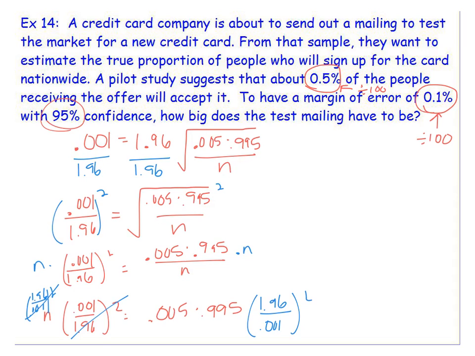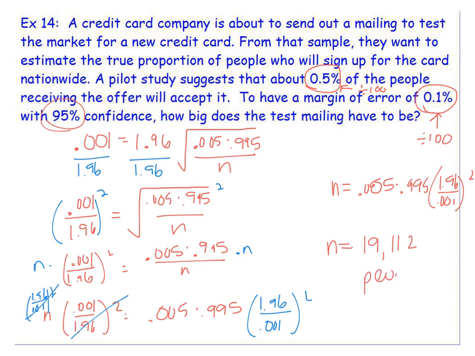And so when you type in the calculator, you're going to type in 0.005 times 0.995 times 1.96 divided by 0.001 squared. So go ahead. After you've typed all of that in and round to the nearest whole number, I got 19,112 because it rounds up. And hopefully you got that same answer as well.